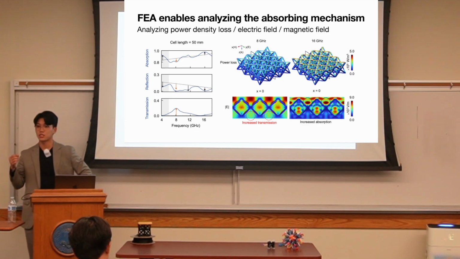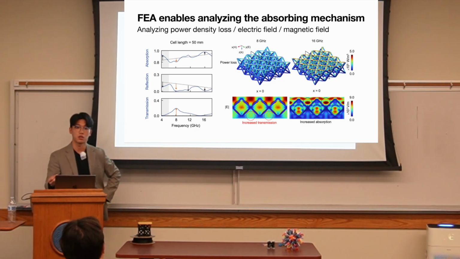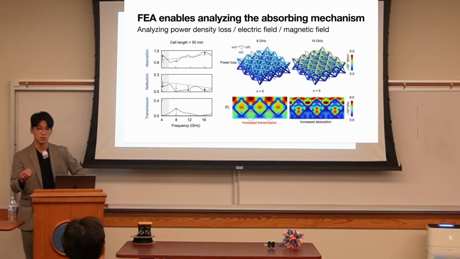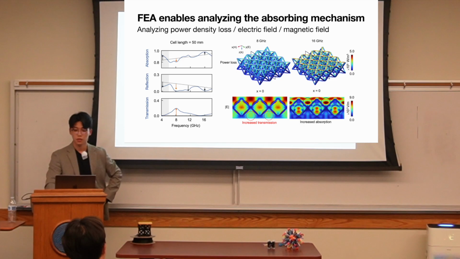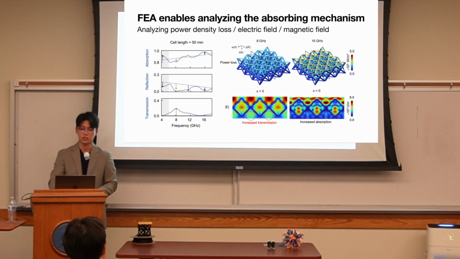And if you're using the experimental approach like before, we don't know what's happening inside there. But through the simulation-based approach, we can see the power loss density plot and also the electric field plot to compare the structure at different frequencies. And we can identify what specific area is able to absorb energy and also reflect, based on analyzing the electric and power loss density fields.